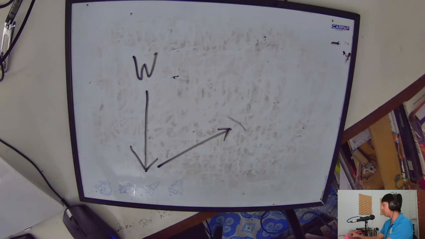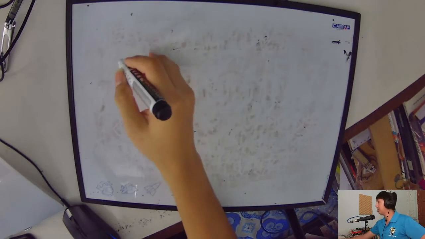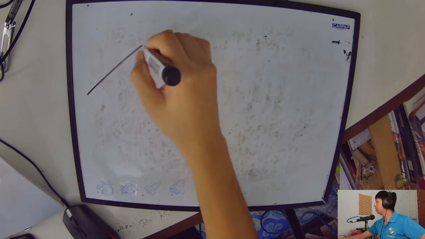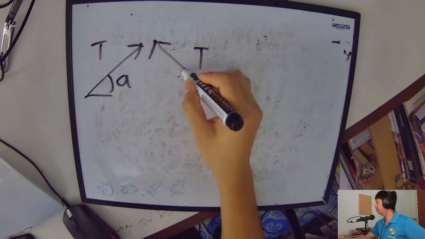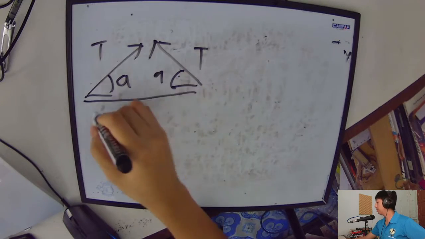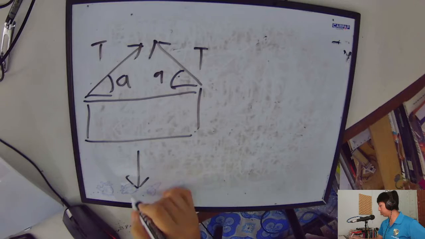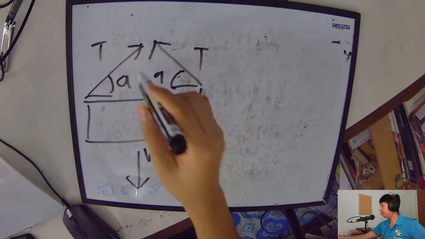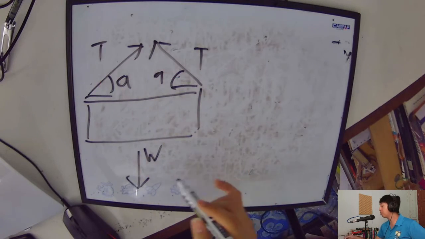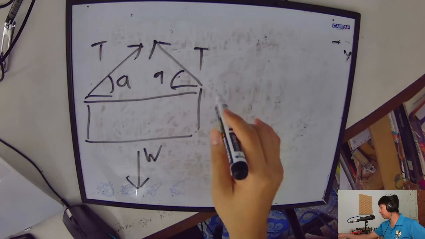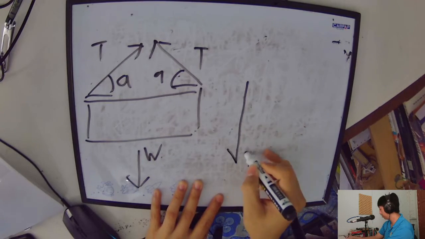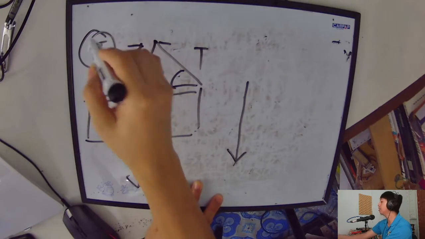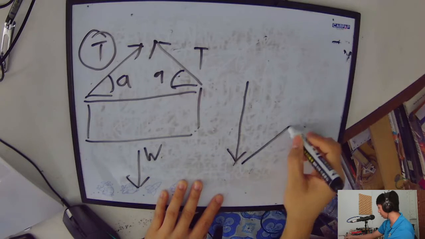Actually, let me just draw the original picture first, just to make it a little bit clearer. The original picture has T, the angle is A, and the weight of the picture is going down. So we have these 3 lines. When we draw the triangle, we need to make sure that we have one side of the triangle for each of these lines of forces. So we'll start with W. Next, let's take this one so that we can continue our triangle.